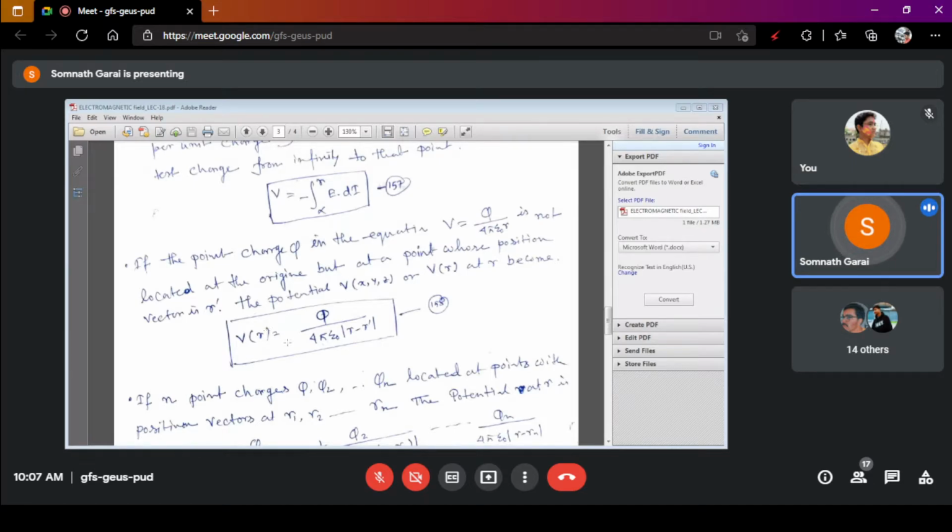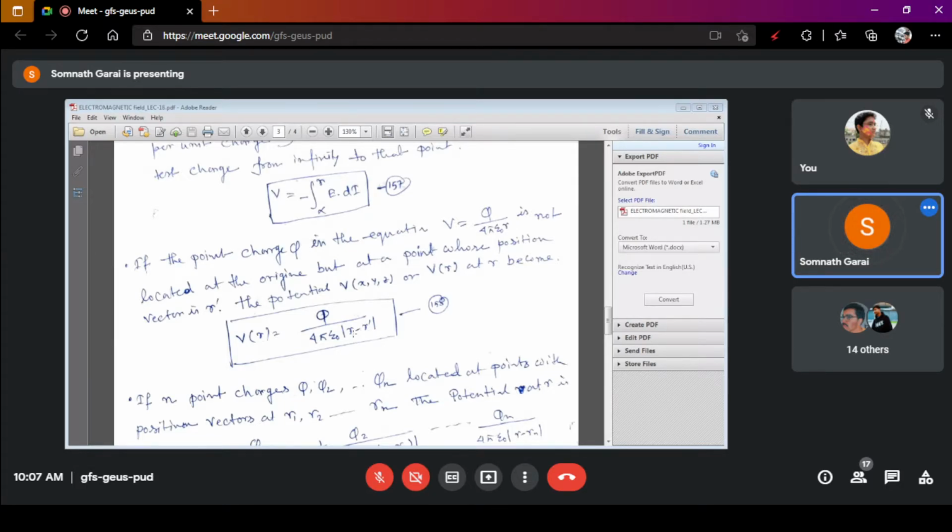V of r is equal to q, and in this situation the equation is modified to q over 4 pi epsilon naught mod of r minus r dot. These are whose vector location is at the origin, and r dot whose vector location is the other point in the Cartesian field.